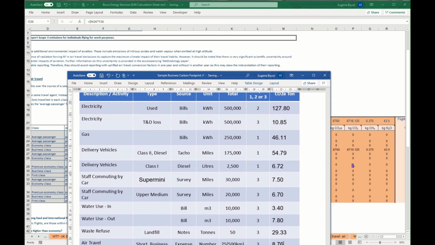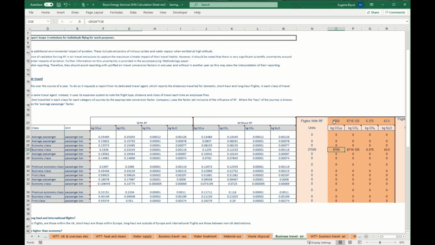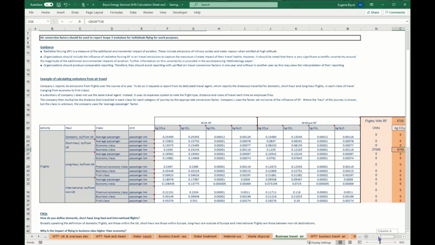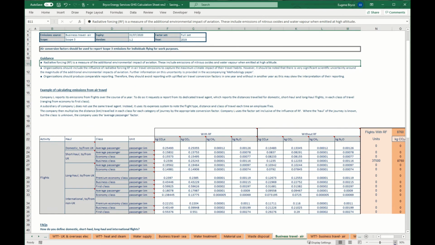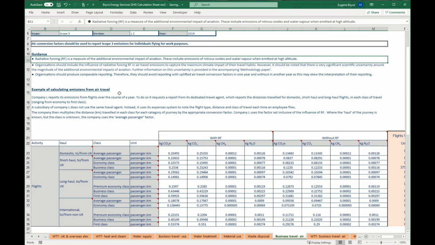Now, just a note on this, if I come back, we have flights with RF, flights without RF, and the guidance up here with the sheet, radiative forcing. Now, if you have any degree in physics, you might be able to help. It's a measure of the additional environmental impact of aviation.